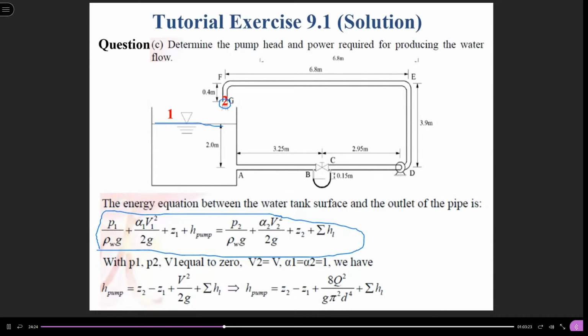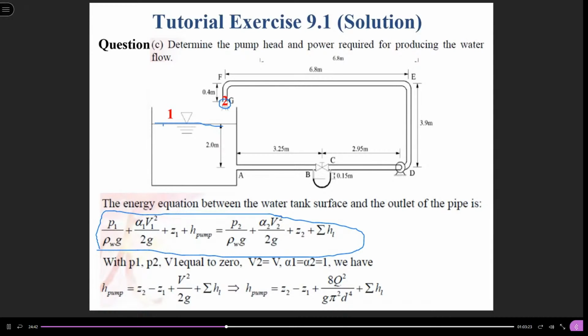From the figure, we know that pressure at the water tank surface and outlet of the pipe are equal to 0, here and here.